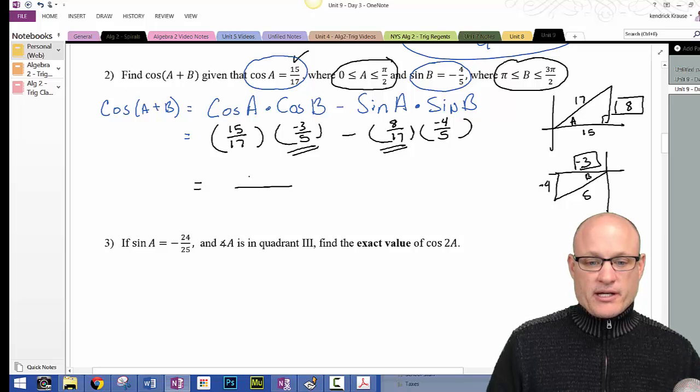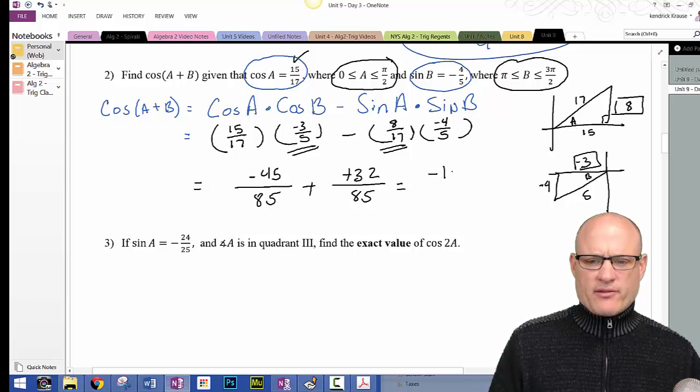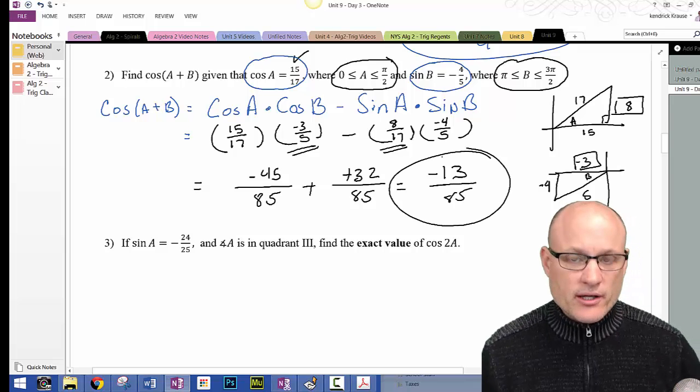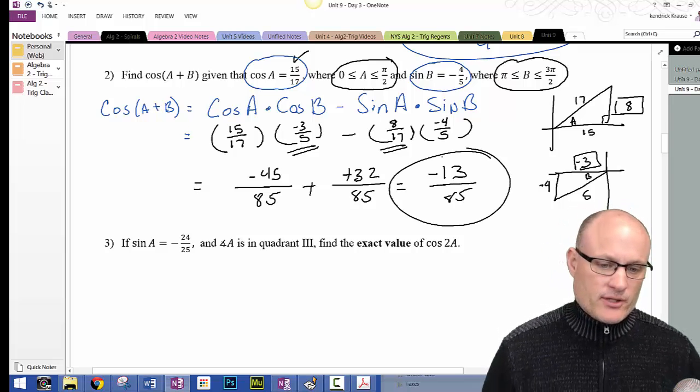This is going to be negative 45 over 85 minus negative 32 over 85. And negative, of course, just makes a plus. So this finally gives me negative 13 over 85. If you just typed it in your calculator, that's probably what you would have gotten.